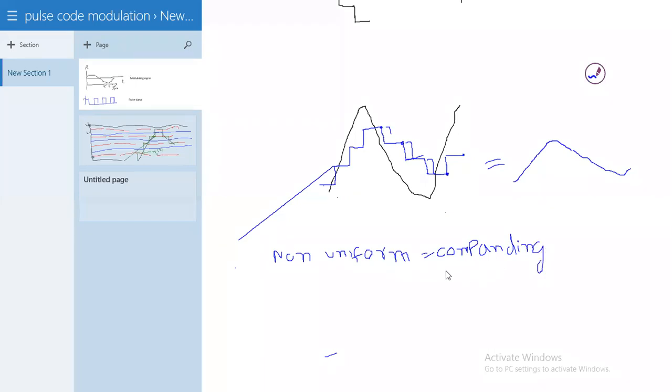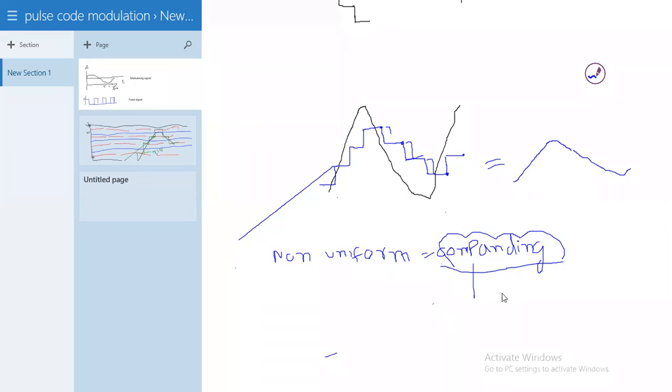In this compounding, there are two words, or two processes: compression and expansion. Compounding has two words. One is compression and the second one is expansion, or expanding.